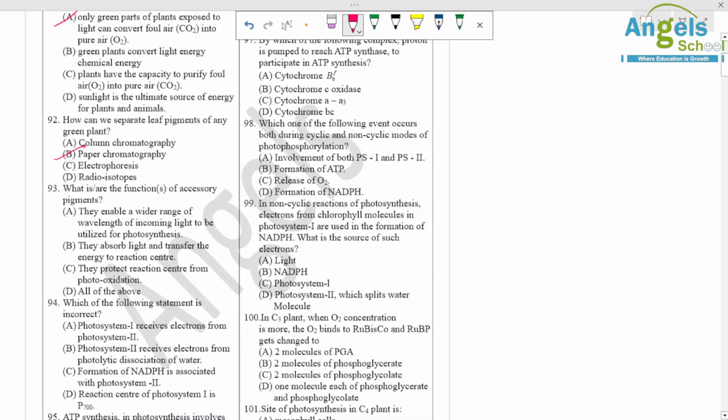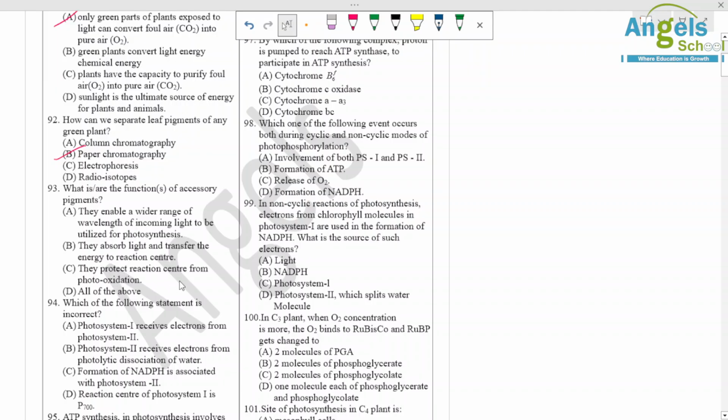93 number question. What is or are the function of accessory pigments? They enable a wider range of wavelength of incoming light to be utilized for photosynthesis. They absorb light and transfer the energy to reaction center.